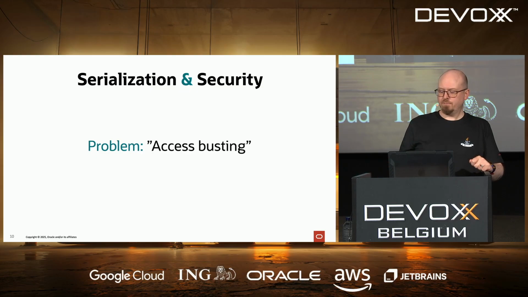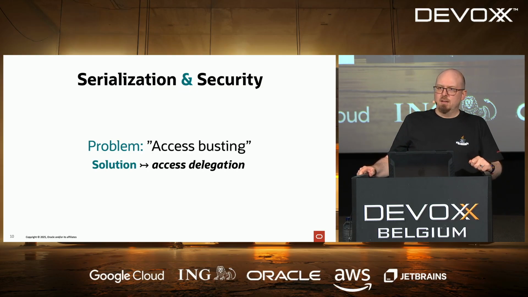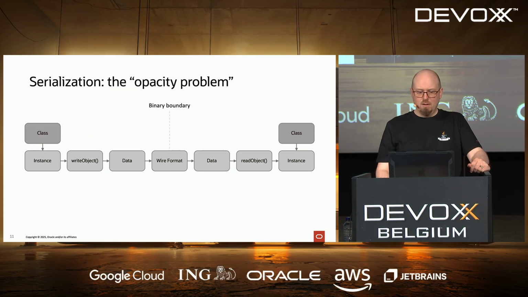So the solution here should be pretty evident: if you have internal state that is not accessible from the outside, then the class author needs to delegate that access and say that I'm fine with you accessing this from the outside. So there is an explicit opt-in, and that can be tracked and code reviewed. So I call this the opacity problem.